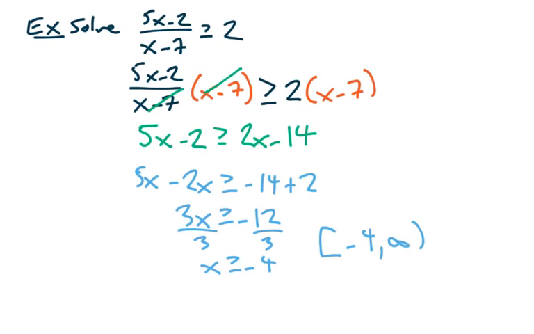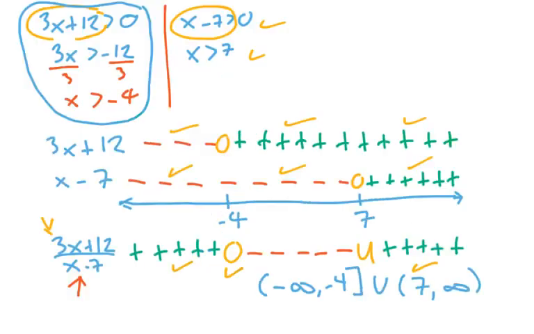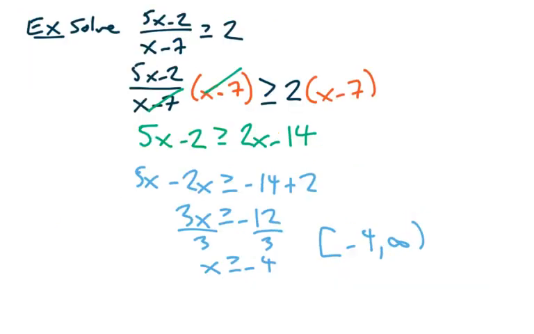Isn't that easier? Now there's a problem. That's not the answer I got before. So why doesn't this work? Well, it all comes down to this. Do you remember that when you multiply both sides of an inequality by a positive number, the inequality stays the way it is. But when you multiply both sides by a negative number, you turn the inequality around.